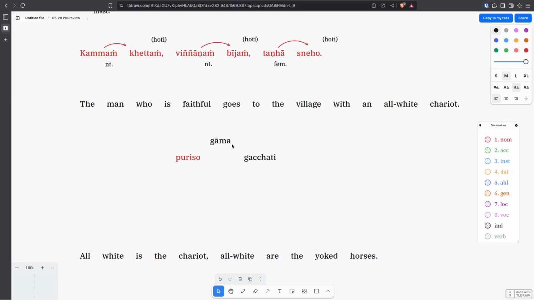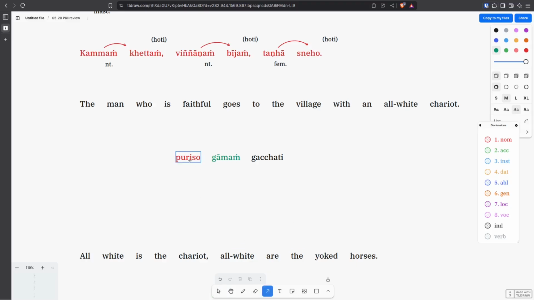And to the village, this is the place where he's going. So gāmaṃ, it's accusative. Gāmaṃ. In Pāli, accusative also serves for the place where you're going. So not just what you're eating or what you're holding or the object, but also it's called the accusative of motion.